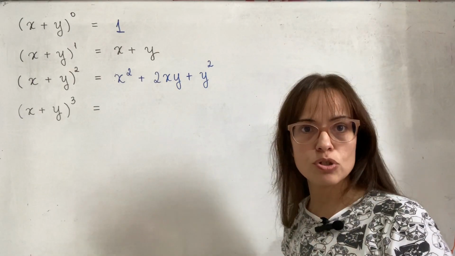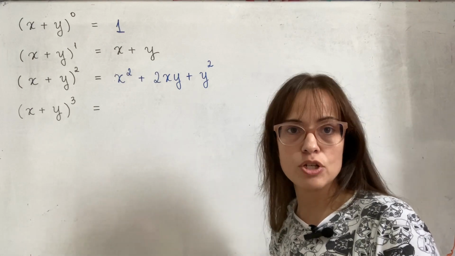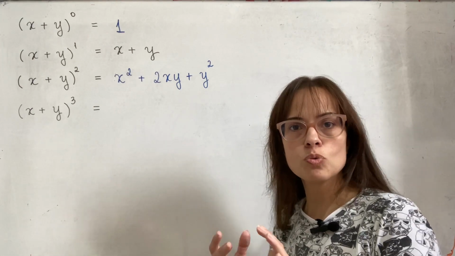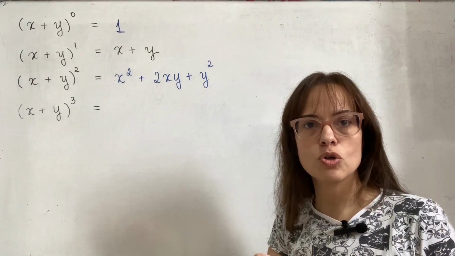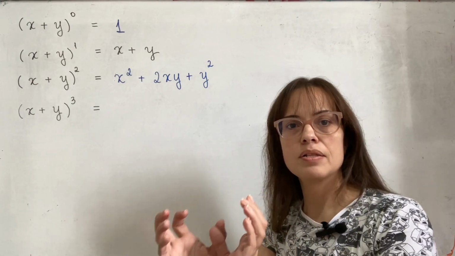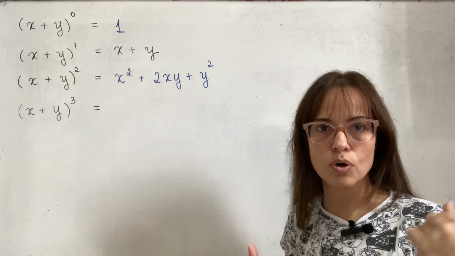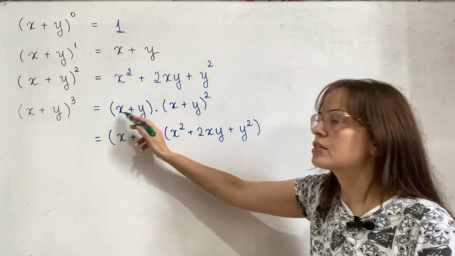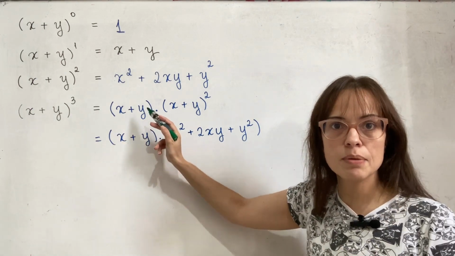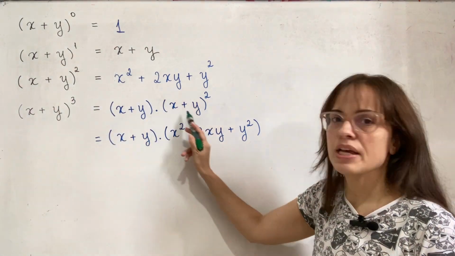What I really want you to do is to think about this power of 3 as the repeated multiplication that it is, but don't write out the x plus y 3 times. Instead, you're going to write it one time and then multiplying by the power of 2 that you already had before, like this. So it's the repeated multiplication of x plus y times itself 3 times, but one of those times is here and the other two are here.